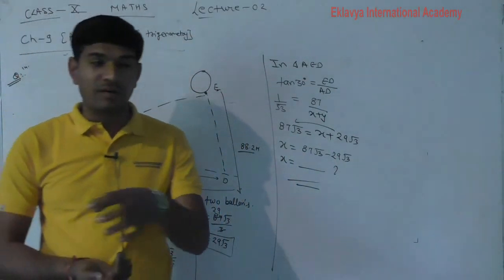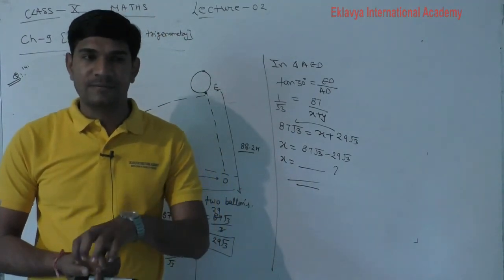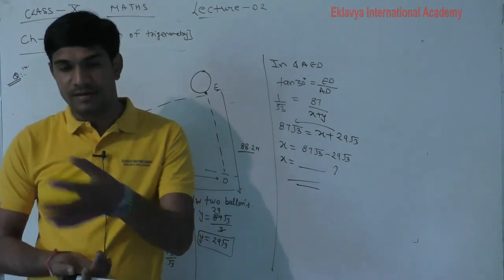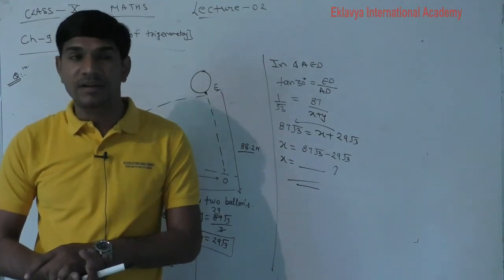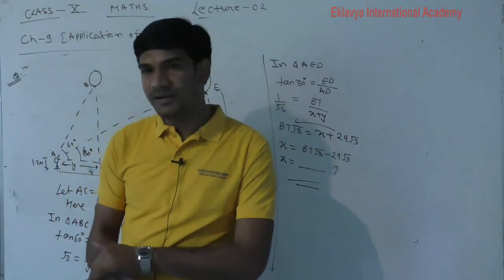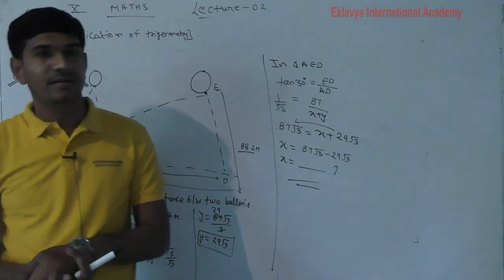Now we have almost covered your syllabus. Your syllabus is complete. Only exercise 8.4 is left, so in the next lecture we will start from chapter 8, that is trigonometry. All the remaining chapters are completed.